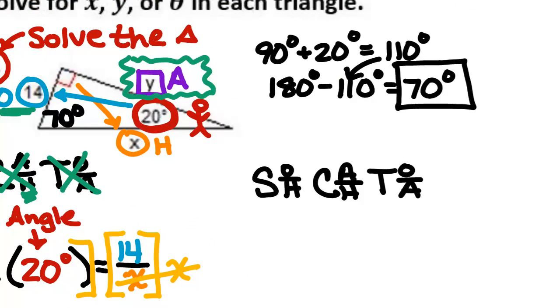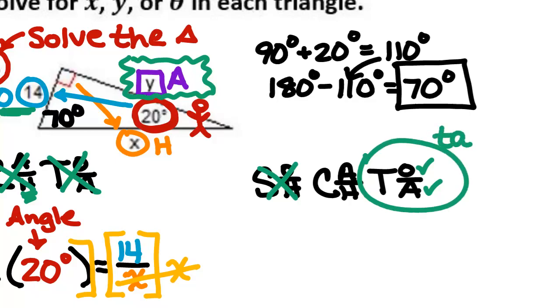I can't use sine because I need the adjacent side. Here's the adjacent side, here's the adjacent side. Would I use cosine or tangent? Tangent. Why? We're looking for the adjacent, and which one do we have a number for? The opposite. So we're going to use tangent.